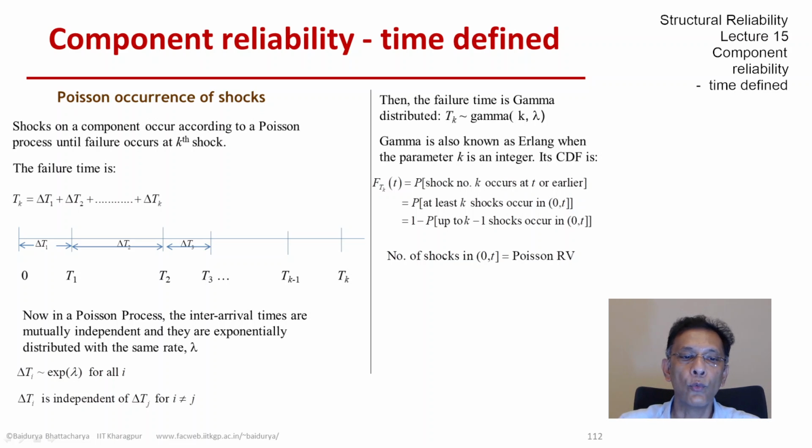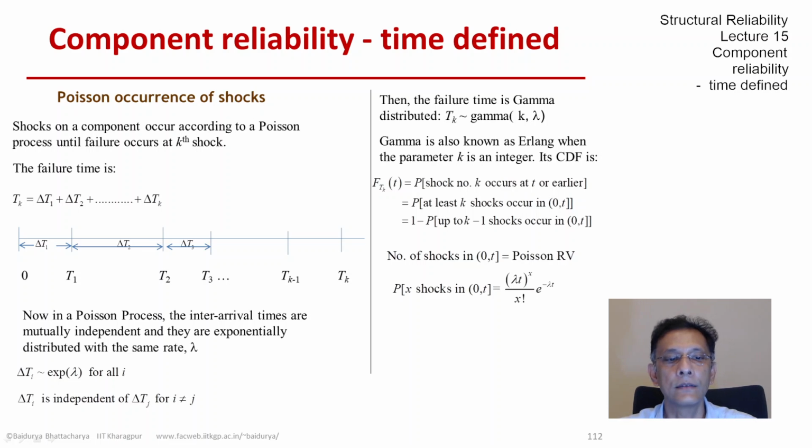So we should be able to use the Poisson PMF and the Poisson CDF. So that x shocks occur in interval 0 to t, we know the PMF: it's lambda t to the power x over x factorial times exponential of minus lambda t. The lambda is the same lambda that defines the Poisson process.